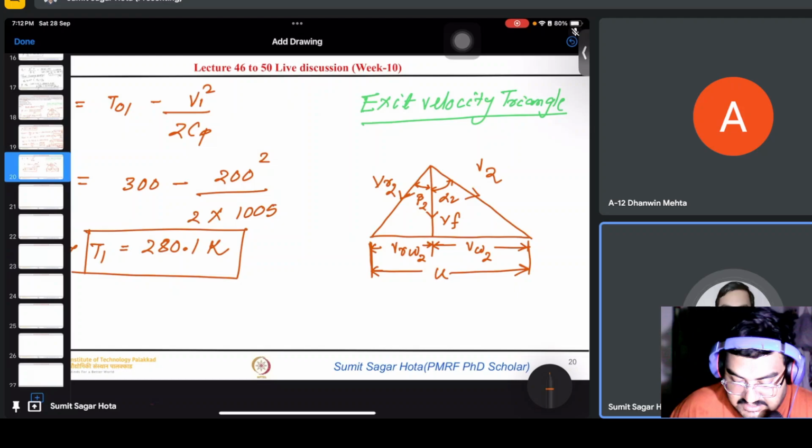So U and Vf are the two things which are same for inlet and exit. Now we have Vrw2, we already know Vf, that means now we can calculate beta 2, which is actually the required thing, blade angle, which is asked in the question.